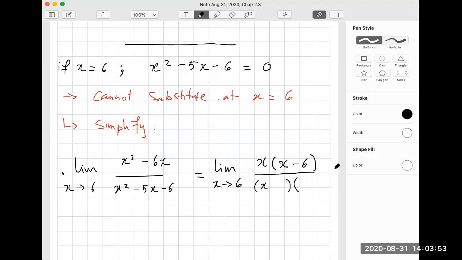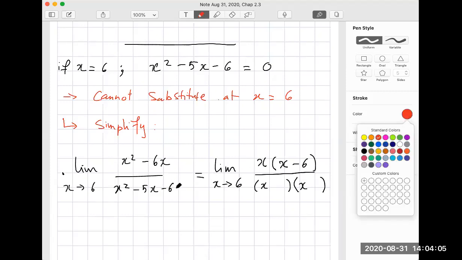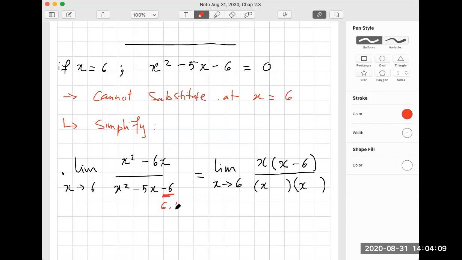By experience, we know that it should be x minus something times x plus something else. And this is the number negative 6, which is 6 times 1, negative 6 times 1.